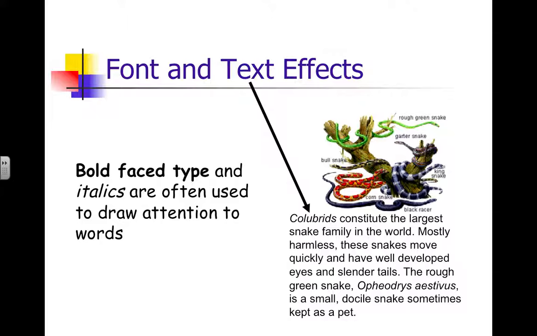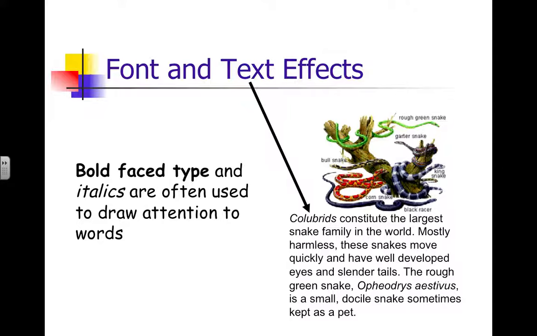Of course, font and text effects are some features that can really bring your eye to certain important words that are to be highlighted. Kids need to learn that bold print and italics are often used to draw attention to a word. Sometimes it's a main vocabulary word, and sometimes it's just a word that needs to be emphasized.